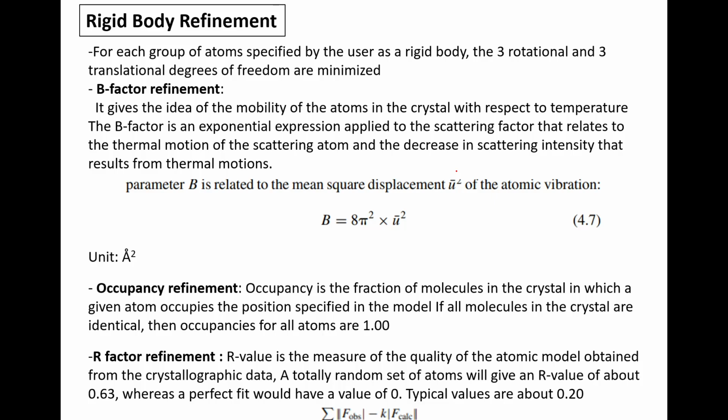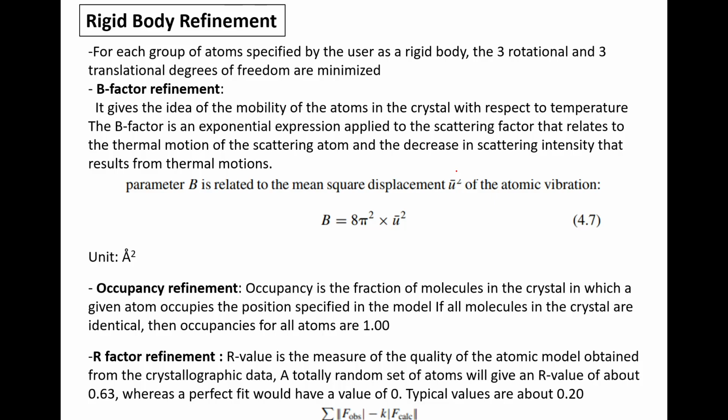So when an X-ray hits your crystal, there is some chance that the atoms in the crystal, although we think they are fixed in one position, because of the increase in the temperature of the crystal, may gain some kinetic energy and undergo some displacement inside the crystal, due to which you will get some error, and that error is defined by the B factor.